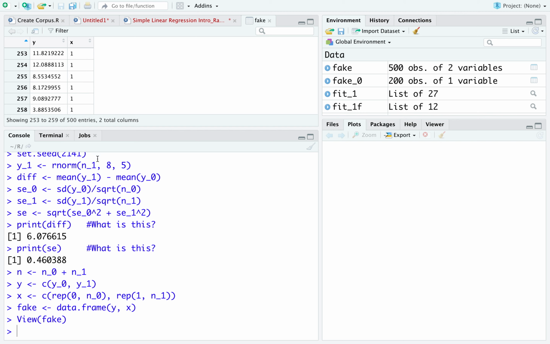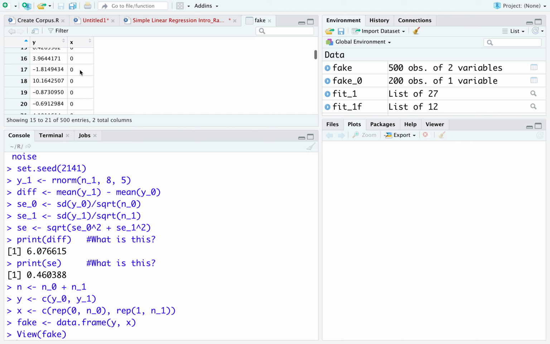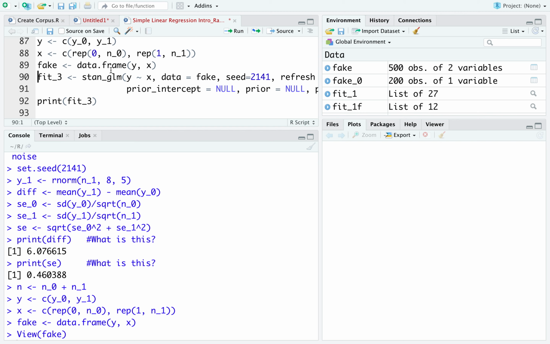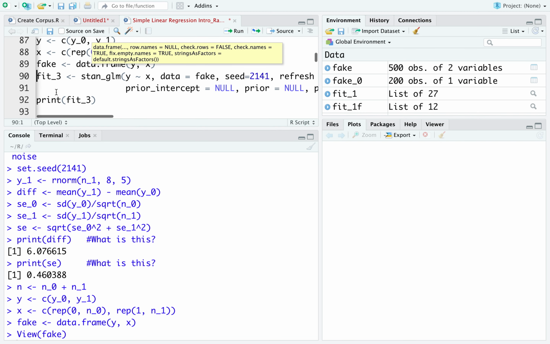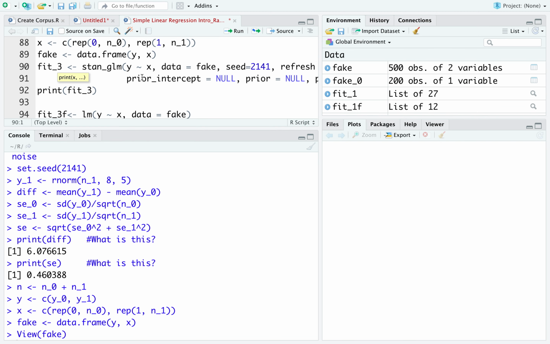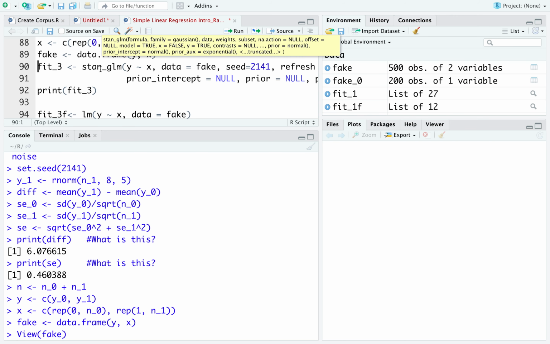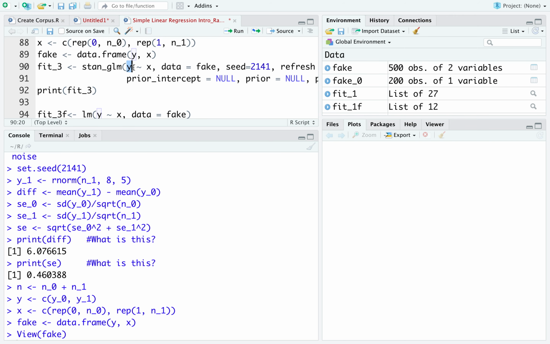So all the y1s go with x equals 1, and all the y0s go with x equals 0. Got it? Okay. So we have this dichotomous predictor, which is really just an indicator of which group you were in, and each of those groups had a different distribution for its y. All right, good. So now we're going to fit a Bayesian linear model, y regressed on x using these data.